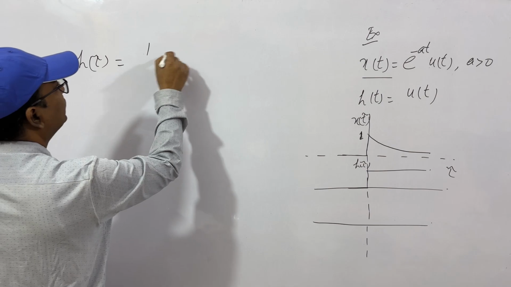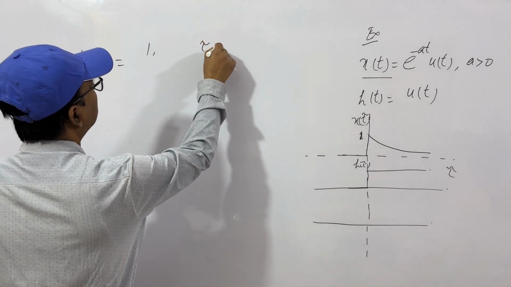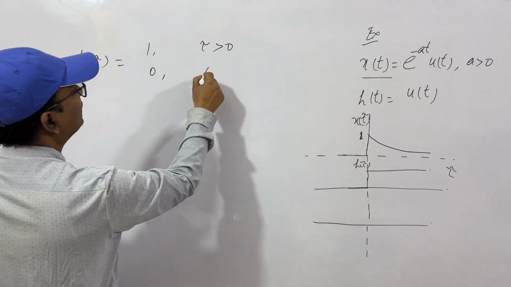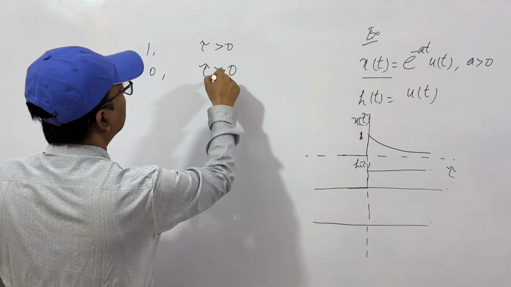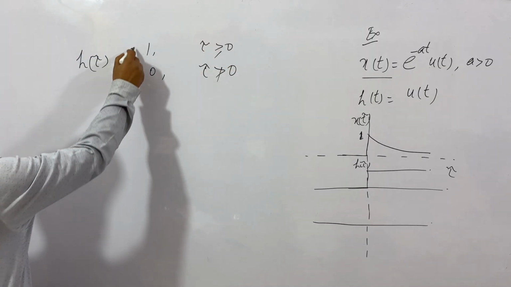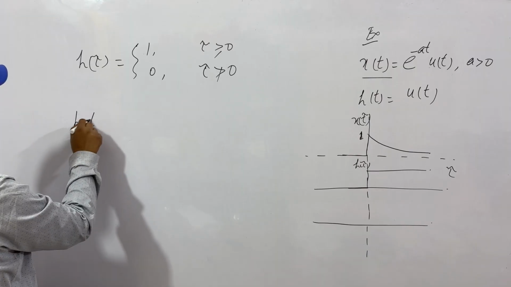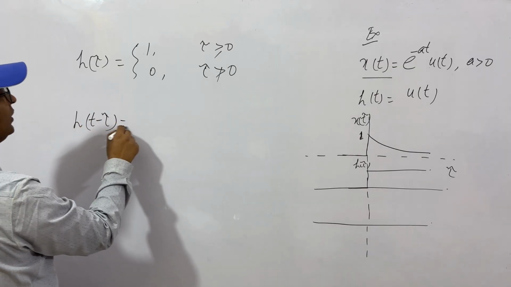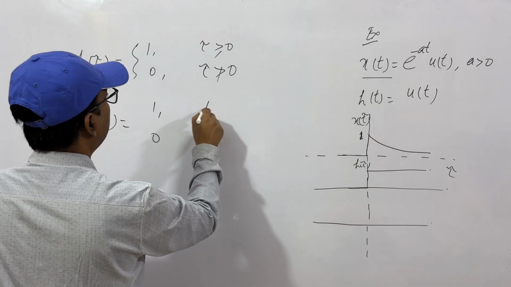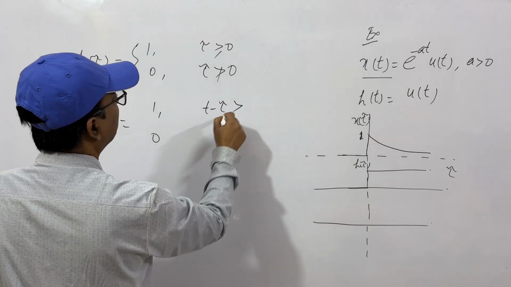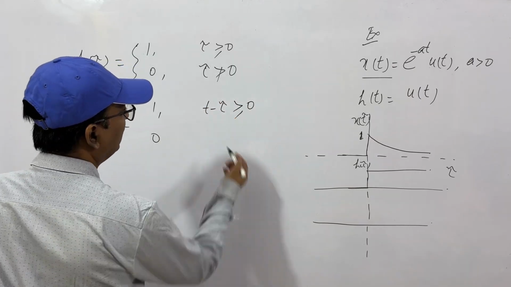It is equal to 1 for tau greater than 0 and 0 elsewhere. This is the definition. So if you put like this, h(t minus tau), what will it be? It will be again 1 and 0. 1 where t minus tau is greater than 0, and otherwise it is 0.